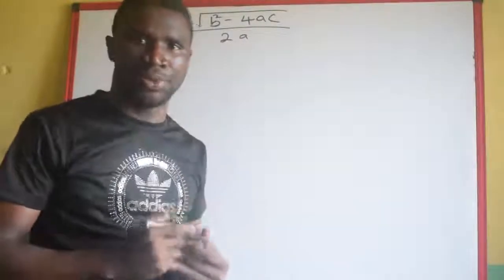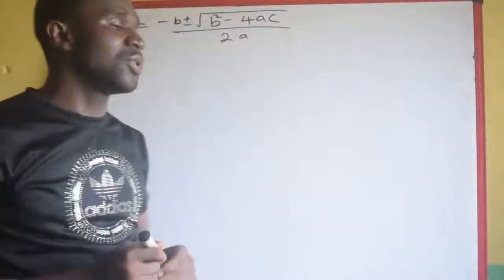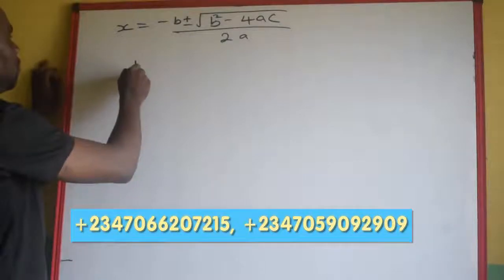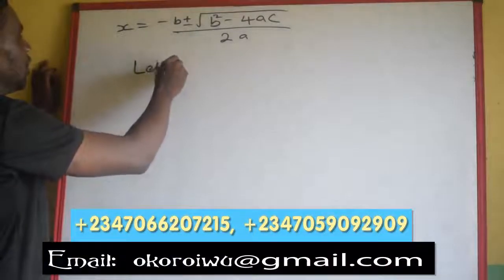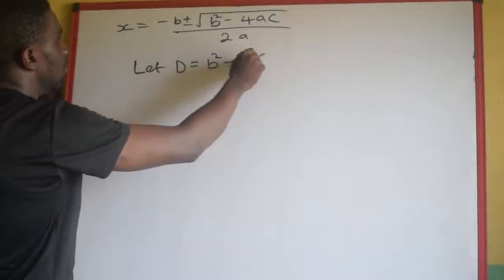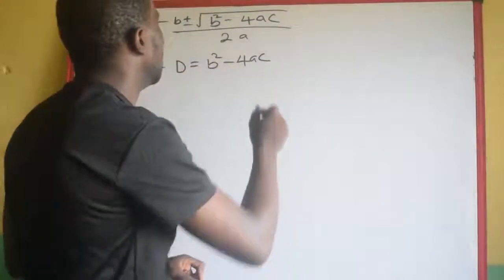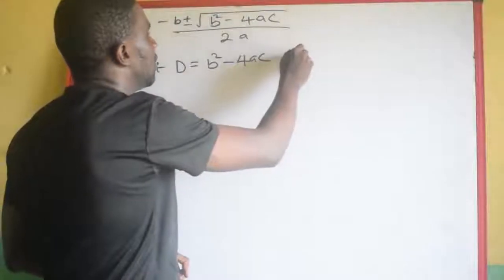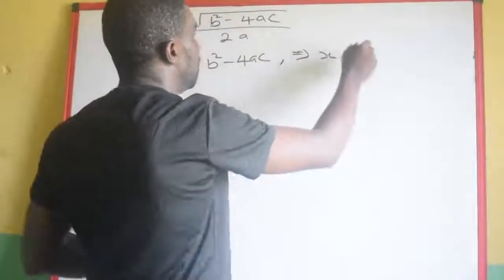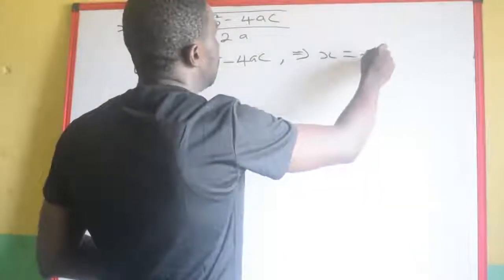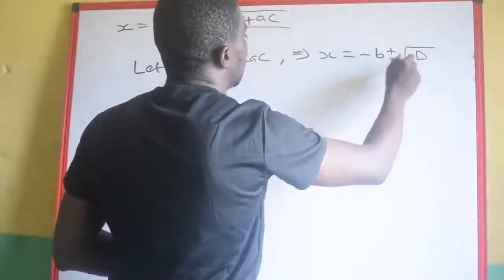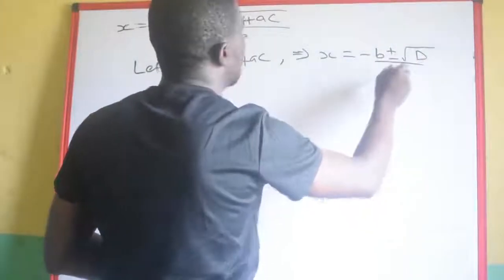Now since this has been written, what happens in a situation whereby you as a student decide to say let d equal to b squared minus 4ac? If we say this, it then implies that your x will then be minus b plus or minus square root of d, then divided by 2a.